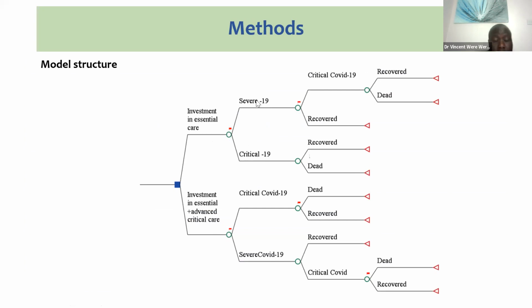In Kenya, we estimated that 85% of patients who have severe or critical COVID will be severe, and 15% will not be severe. So the two branches must add up to 100%. We also need to estimate, out of those with severe COVID, what proportion will then progress to become critical, and what percent of patients will recover.